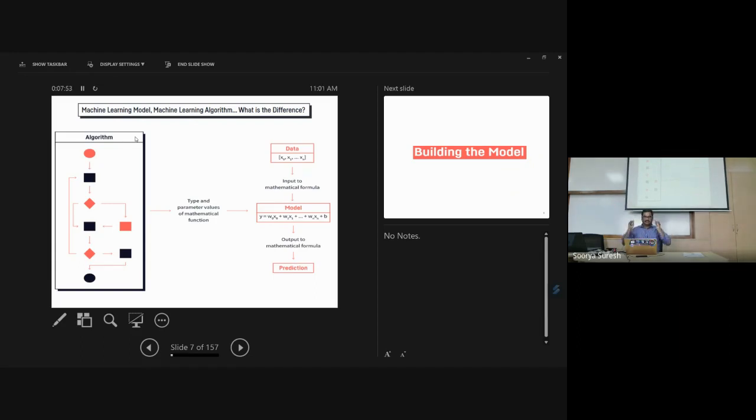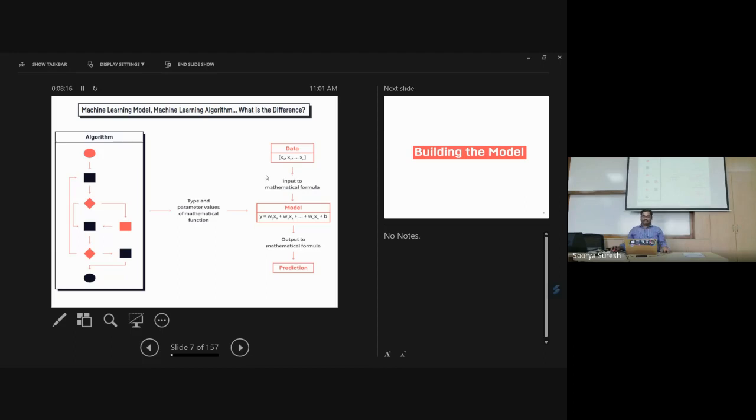Nice. So here if you see, we have an algorithm. We'll just see what a machine learning model and a machine learning algorithm are. For any learning, we need to have data. If we want a machine learning model to learn, we need data. From the data, we need to extract the features, the patterns, the hidden correlations between the features.